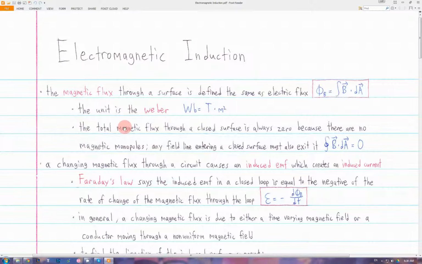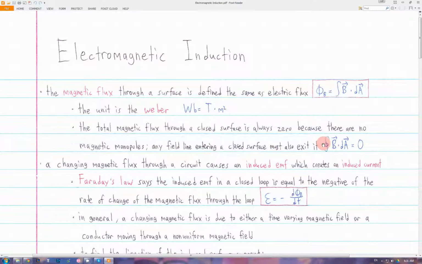So if we have a closed surface around this magnet, all of the magnetic field lines that exit the north pole must also enter the surface again through the south pole. So the total magnetic flux through the surface will always be zero. This is represented mathematically as the integral of B dot dA equal to 0 over a closed surface, which is what this circle means.